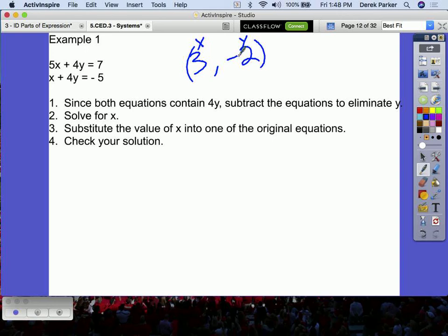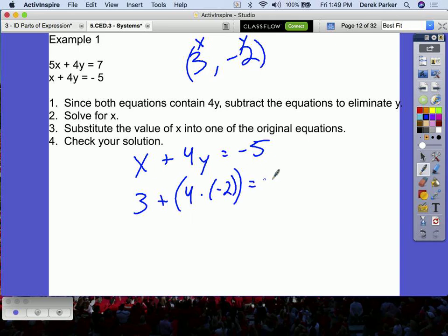So let's try that. x plus 4y equals negative 5, and I get 3 plus 4 times negative 2 equals negative 5. 4 times negative 2 is negative 8, so I have 3 minus 8 equals negative 5. 3 minus 8 is equivalent to negative 5, so negative 5 equals negative 5. Since both sides are equivalent to one another, I did something right, and my solution is (3, negative 2). This is where the two equations would meet on the coordinate plane.